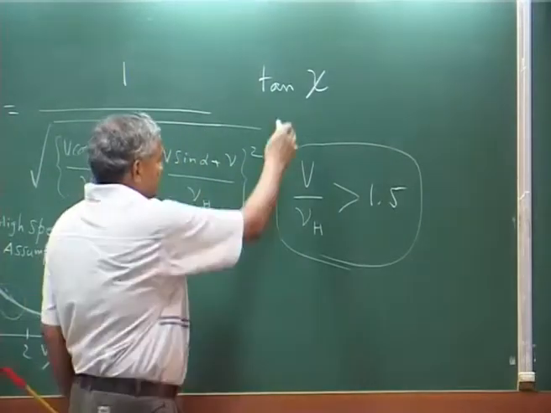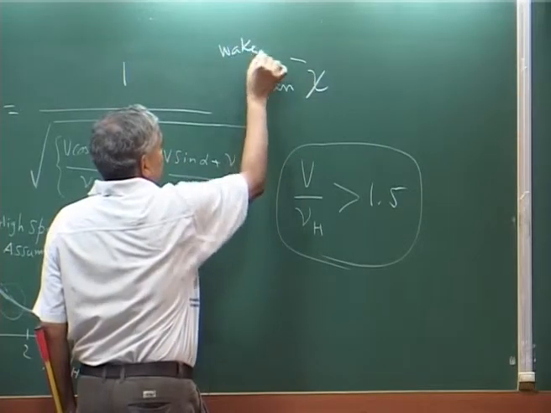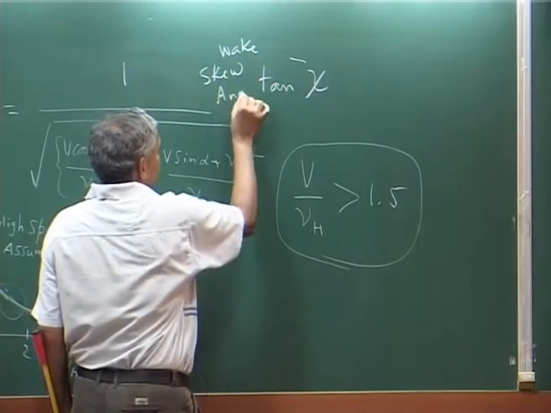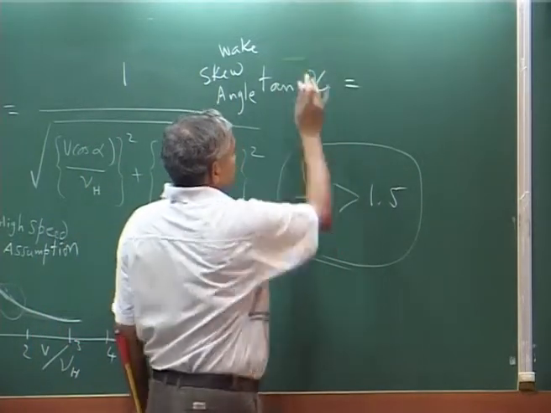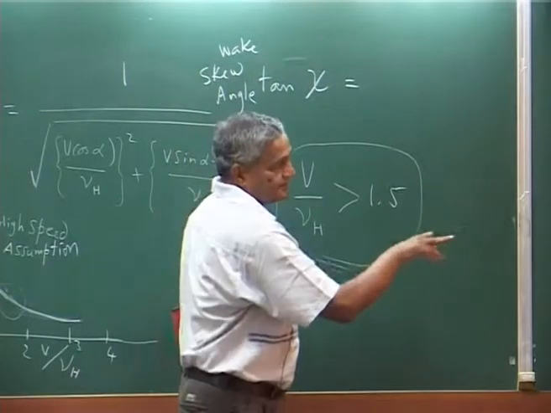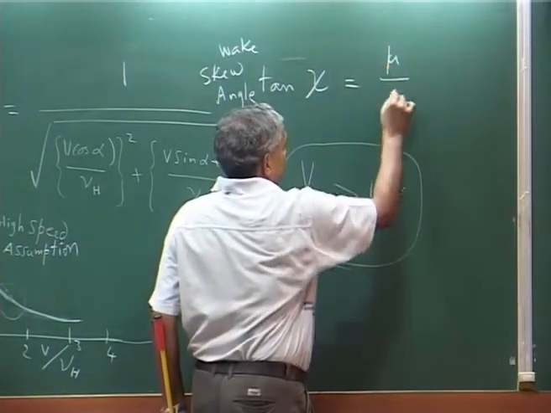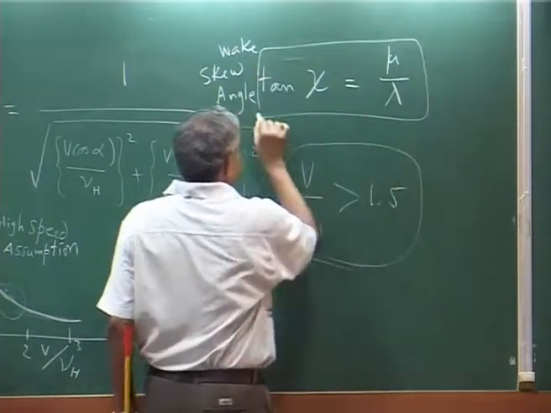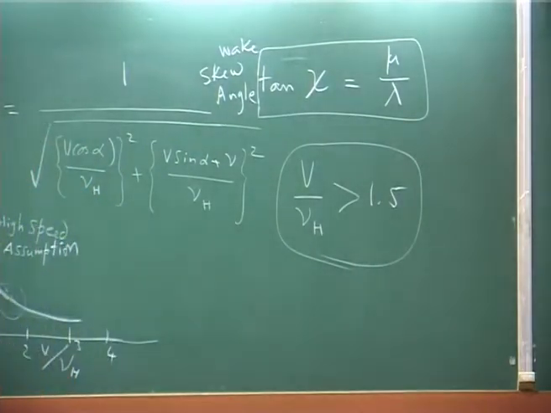This is called the wake skew angle. Okay. Tan chi is basically mu over lambda. Wake skew angle.